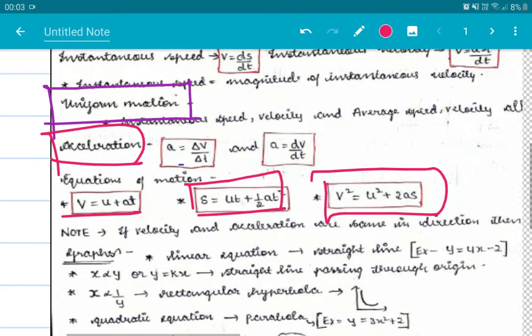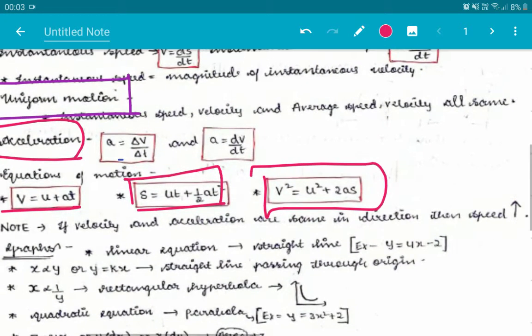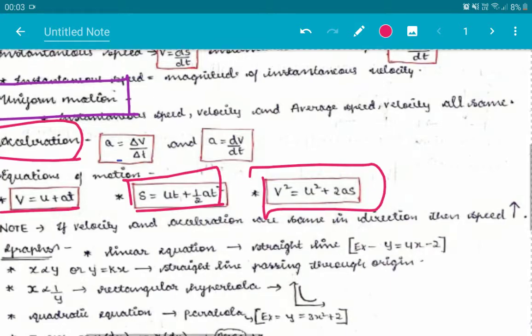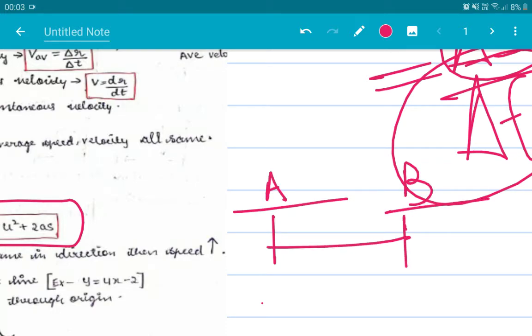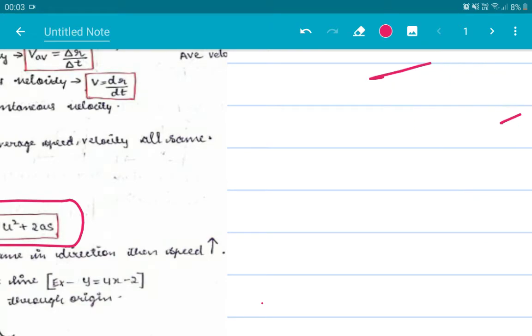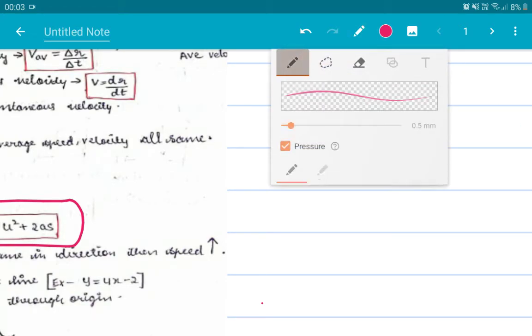Here there is a note point, let me read that. If velocity and acceleration are in the same direction, then speed increases. Very easy point. Let me take an example.